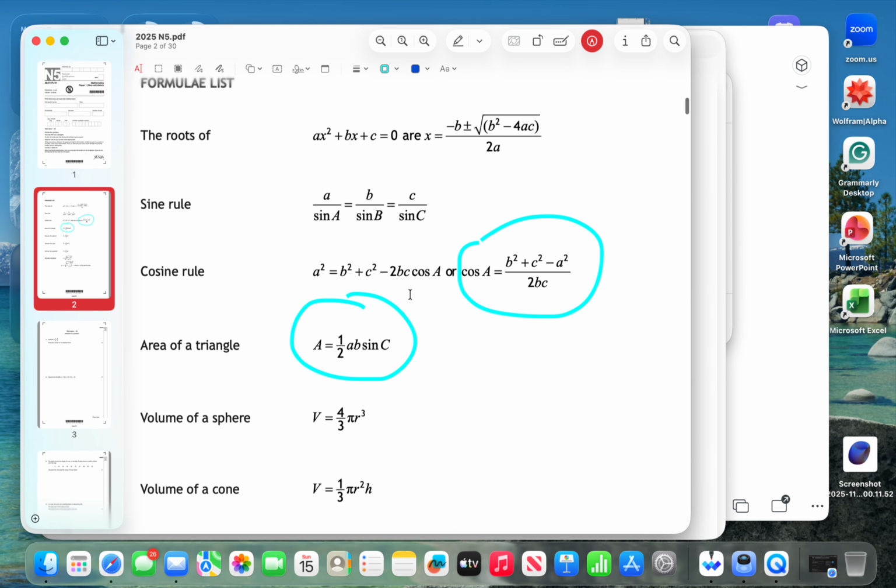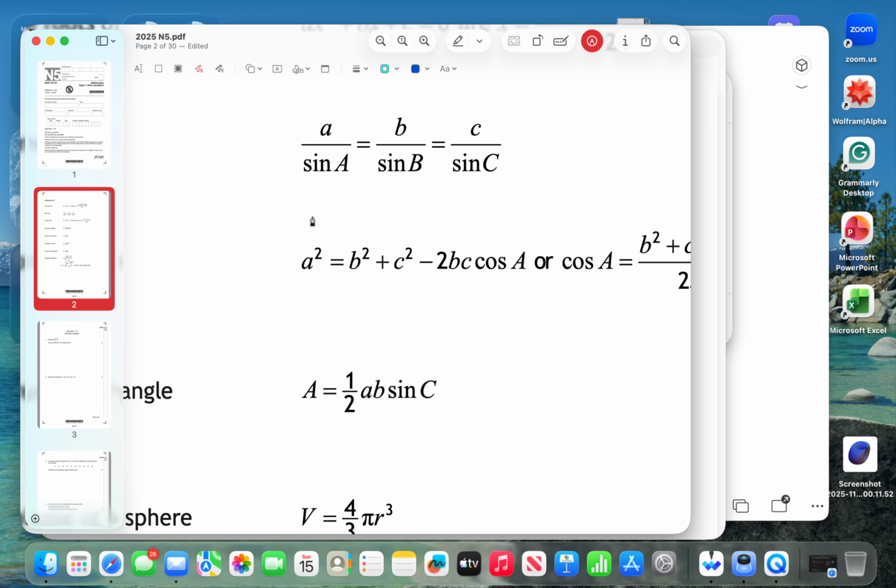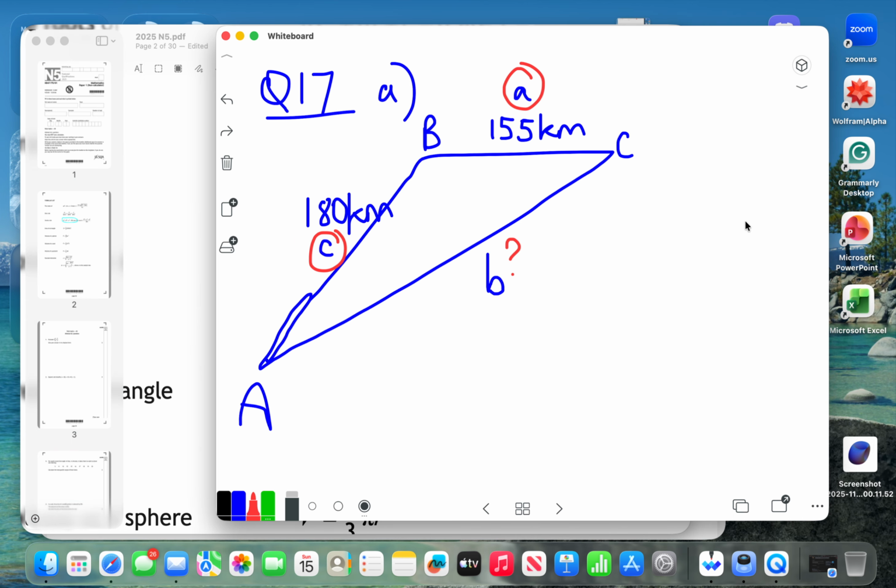We don't know any angles at the moment, but that can change. The idea behind this is if you know two sides and an angle, you can find a side, but we need to know two sides and the angle in between those two sides.